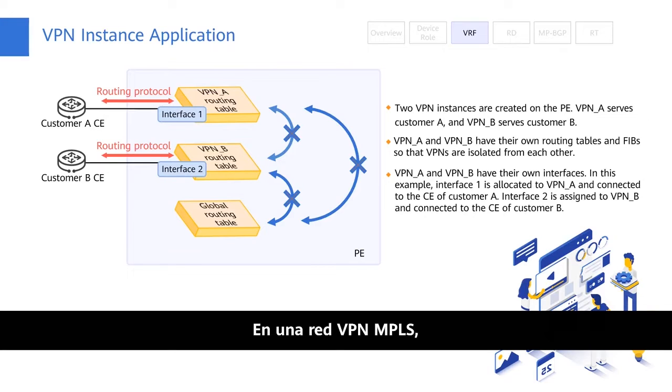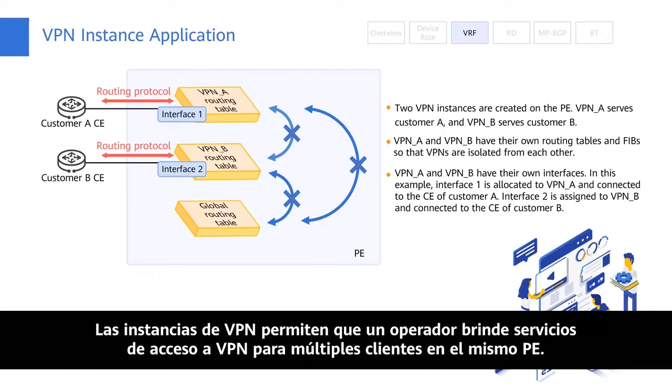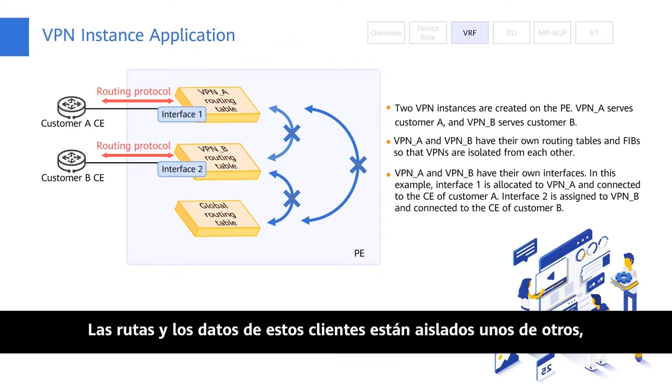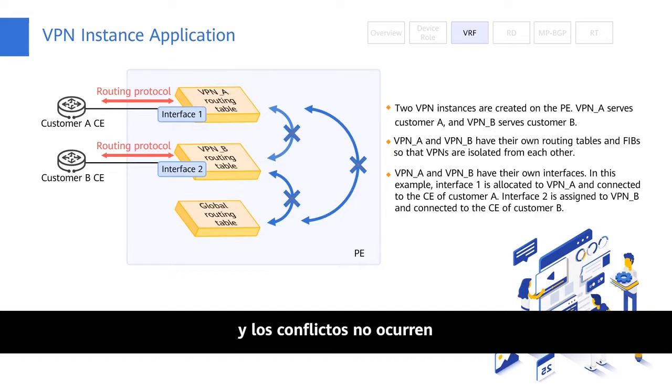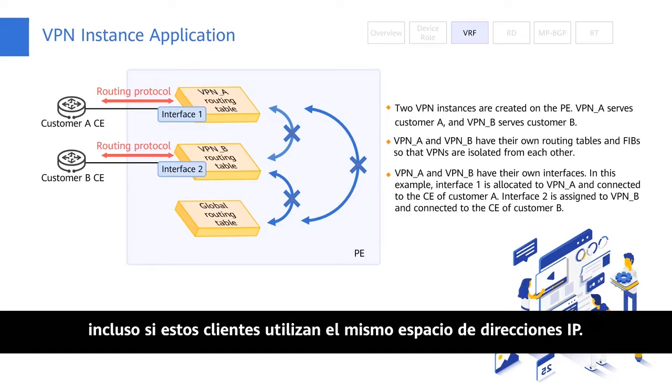On an MPLS VPN network, VPN instances enable a carrier to provide VPN access services for multiple customers on the same PE. The routes and data of these customers are isolated from each other, and conflicts do not occur even if these customers use the same IP address space.